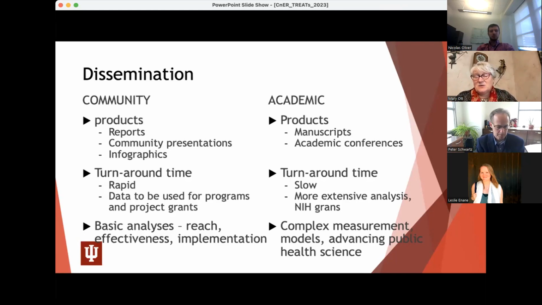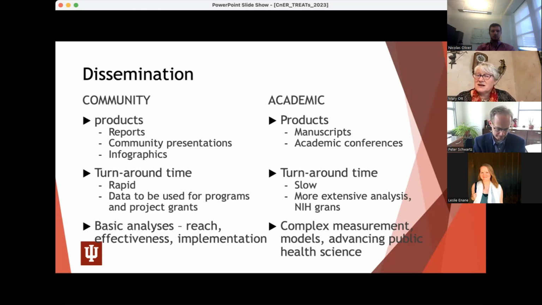In the academic world, the product is a manuscript, which may take 6 months to write and another 12 months to get published. Or presentations at academic conferences, where you submit your abstract in September and the conference is in February.